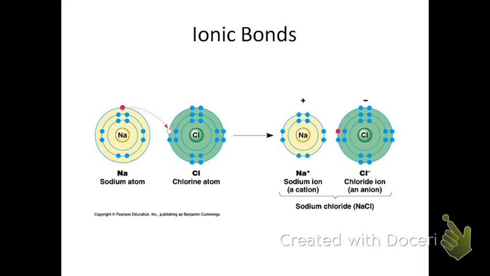Now, another type of bonding, that was covalent bonding that we just looked at, is ionic bonding. These are fairly strong bonds while they are dry, but they're very weak in water, so they dissolve into ions. These bonds are created by swapping electrons between elements so that each element can fill its outermost shell.